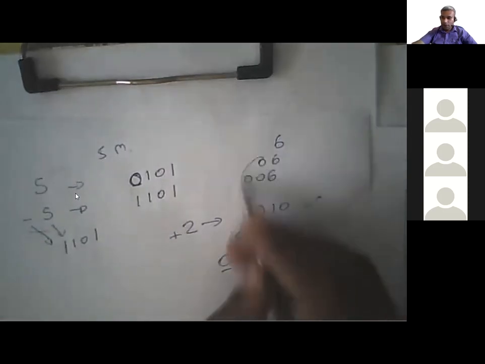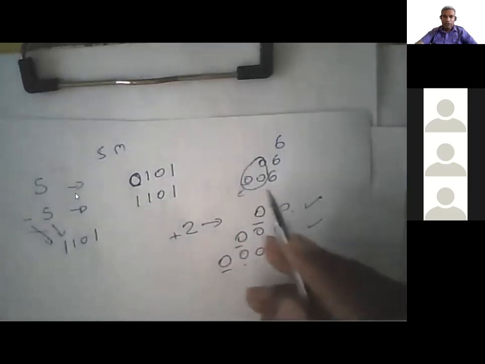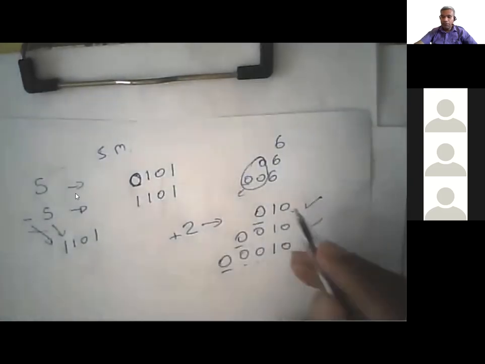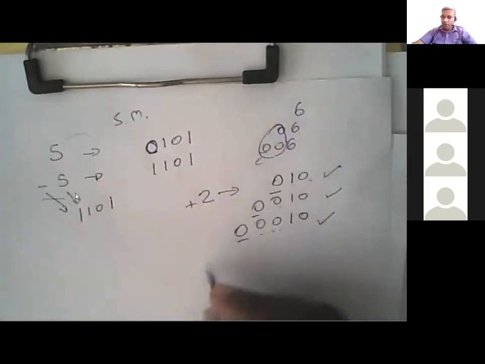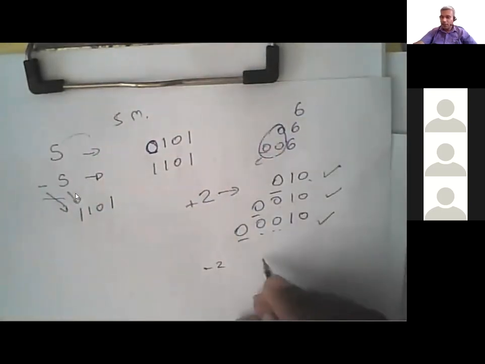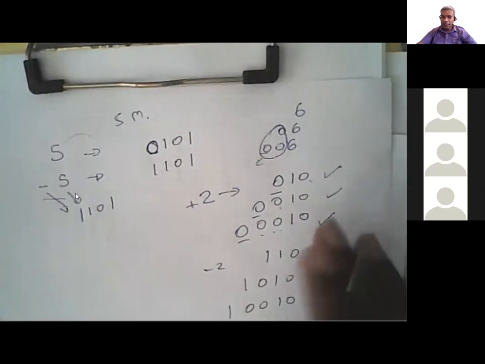Whatever zeros you add to the front without changing the value are known as leading zeros. And similarly, sometimes after the radix point or decimal point, you can add zeros at the back. For minus 2, it's the same case: you can say 1, 1, 0, or 1, 0, 1, 0, or 1, 0, 0, 1, 0. All these have the same meaning.